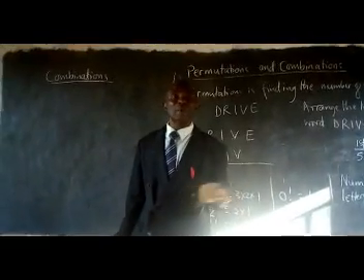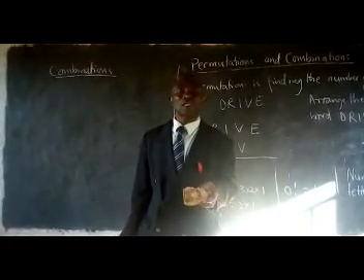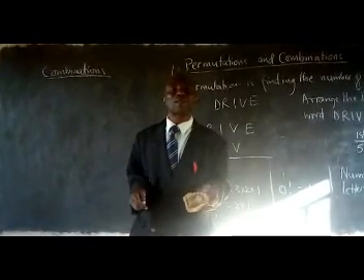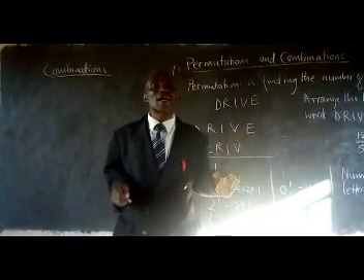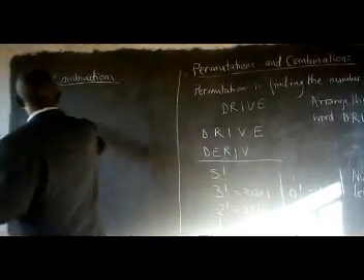We have people who are doing MEG, HEG, PCM. All those are combinations. But what does it mean? It means that they are selecting subjects from a particular number. Let me give you a simple example.